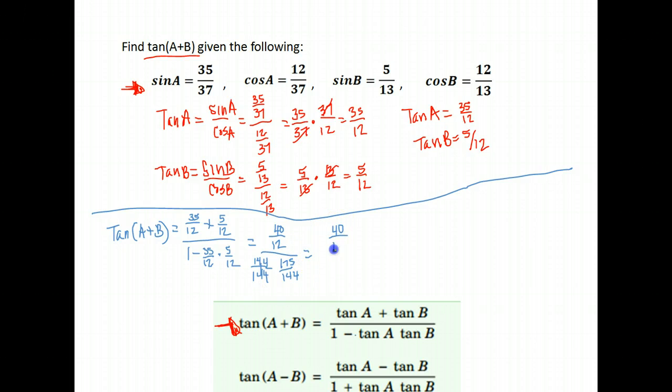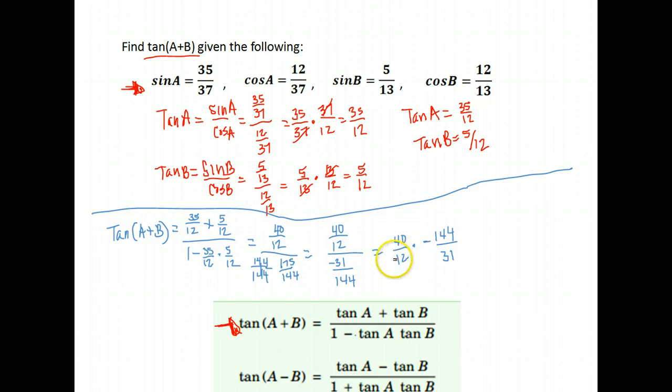So now we have 40 over 12 divided by 144 minus 175, which is negative 31 over 144. Again, we need to simplify that, so we invert the denominator and we multiply. Flip that bottom fraction, so we have negative 144 over 31 instead.